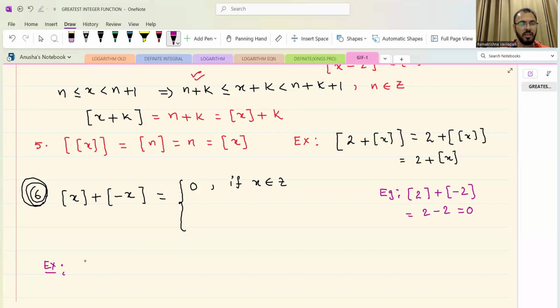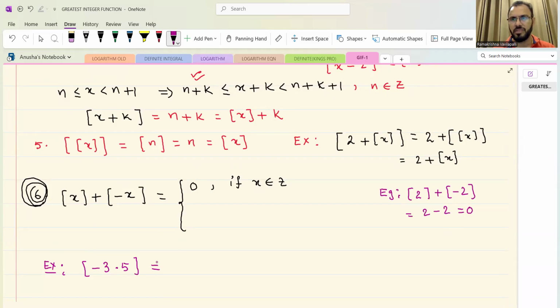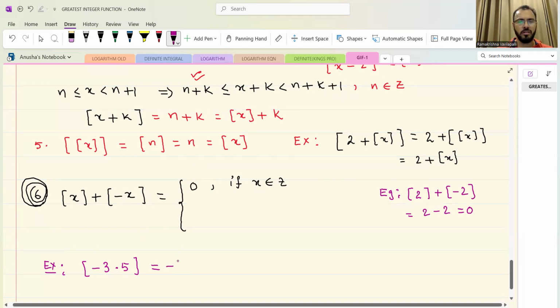Come here. What is the integral part of minus 3.5? Remember, minus 3.5 lies between minus 4 and minus 3. We always take the integer down to the given real number, so its value is minus 4.